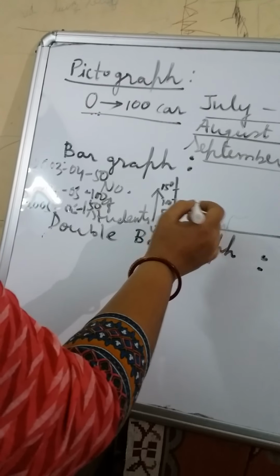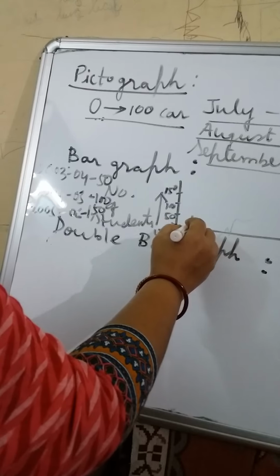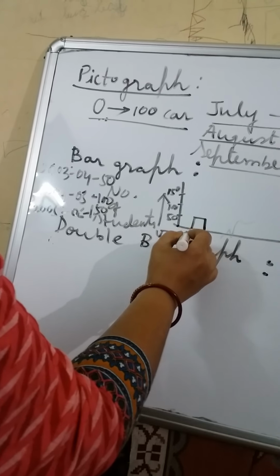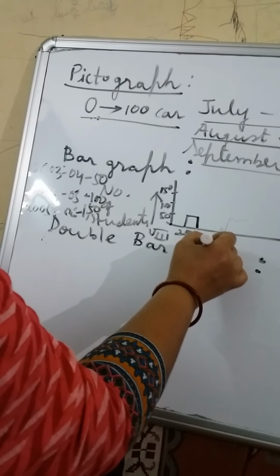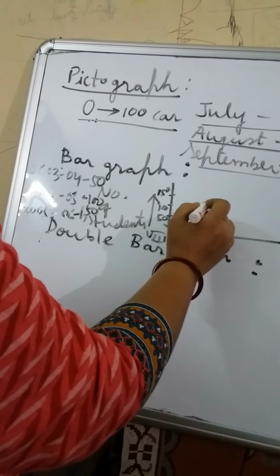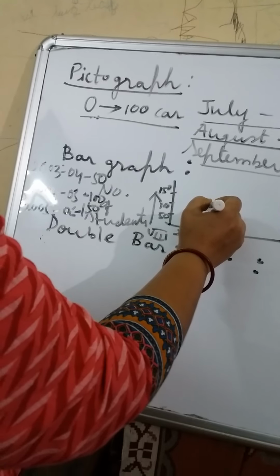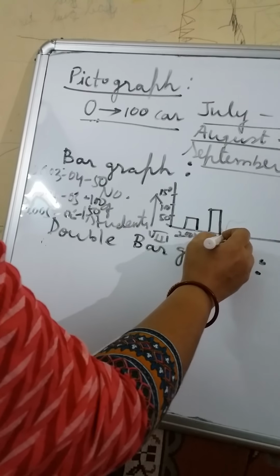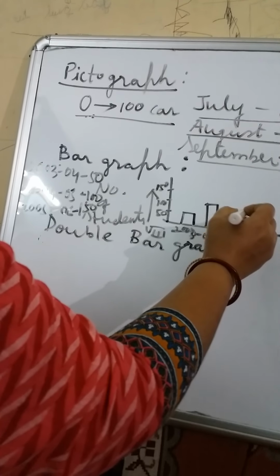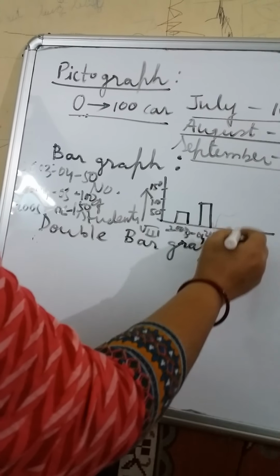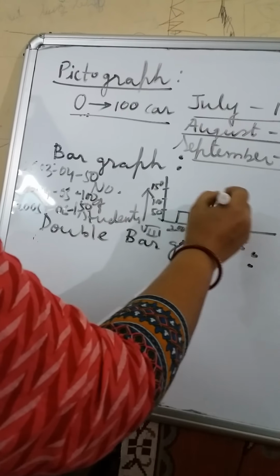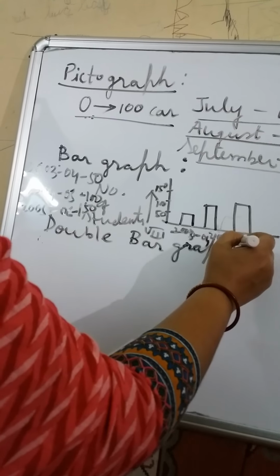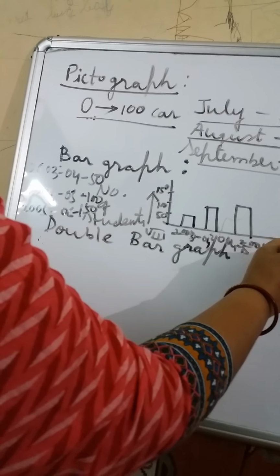I will take equal width for each bar. Say this is 2003-2004, and next, in 2004-2005, it is 100. And this is 2005-2006.